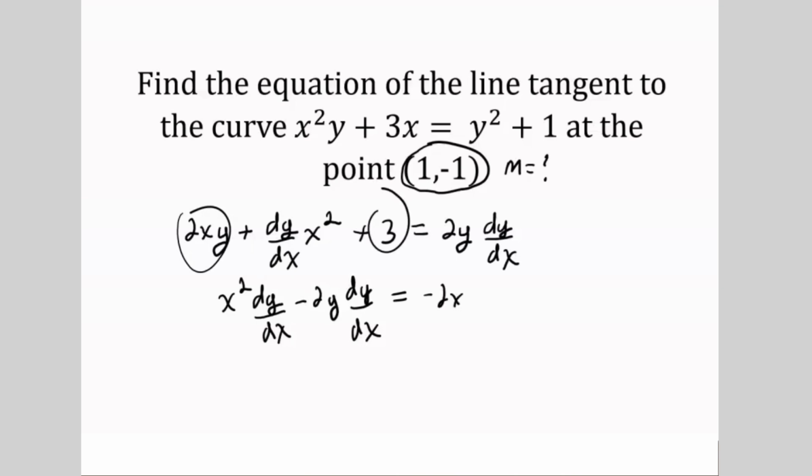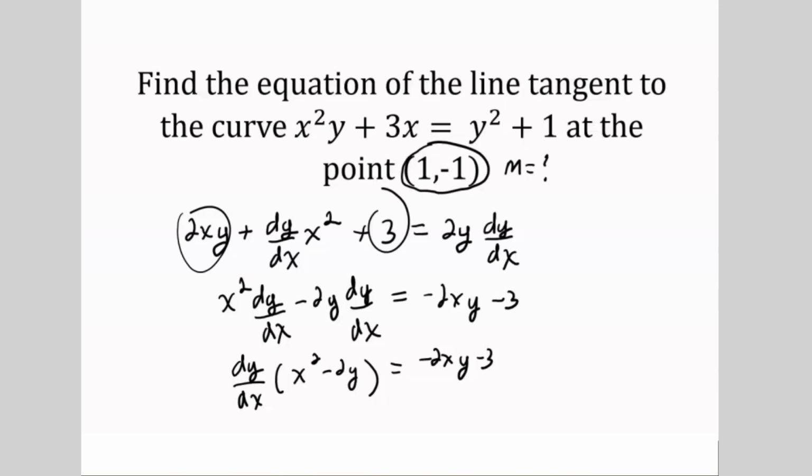So negative 2xy minus 3. I'm going to factor out a dy/dx. So I would get dy/dx times (x squared minus 2y) is equal to negative 2xy minus 3.